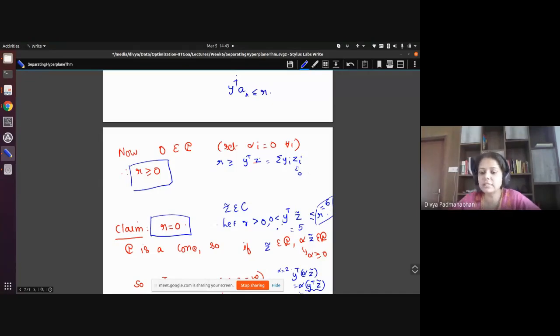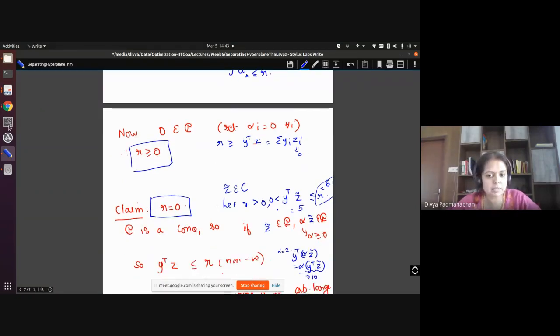Otherwise, if you took this as 0, then you cannot show any contradiction. It is still possible, so you can even set r as 0 in that case. If there is no z tilde in C such that y transpose z tilde is strictly greater than 0, then you might as well set r equals 0 itself. So that's why let's assume that there is some element like this, for which the dot product with y is strictly greater than 0.